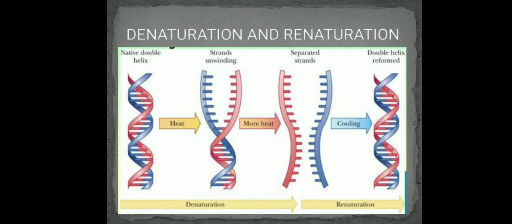When the hydrogen bonds between the two strands break, the double-stranded DNA gets converted to single-stranded. This process we call denaturation, where when you apply heat to the double-stranded DNA, it gets converted to two single-stranded DNA. So this process is called denaturation of the DNA.